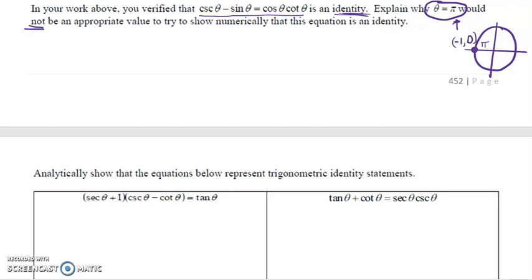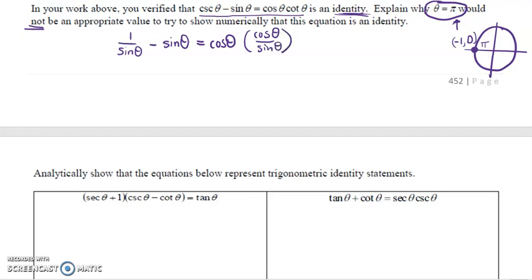If I were to plug in pi for all of these angle measurements, let's see what would happen. Cosecant, we know, is 1 over sine. And then on the right-hand side, we get to cotangent, which is cosine over sine.